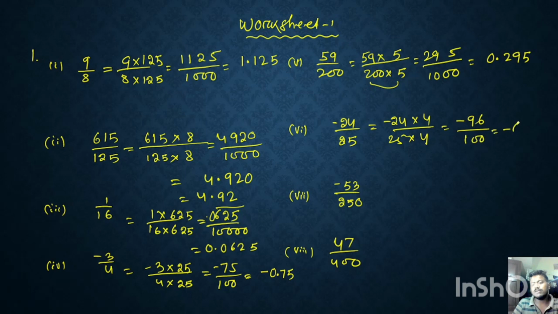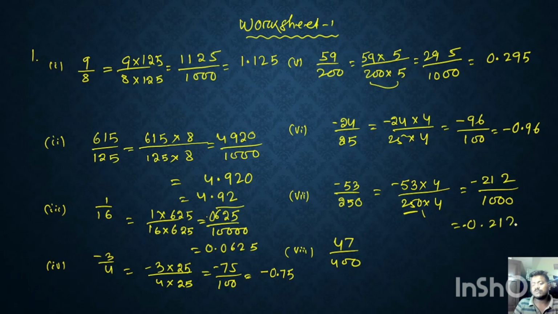so answer is minus 0.96. Clear? Now next question, minus 53 into 250 into 25 means combination is 4, because 25 4s are 100, then 10, so put 10, that is 1000, then 4 3s are 12, 4 5s are 20, 21, then minus, so answer is minus 0.212.